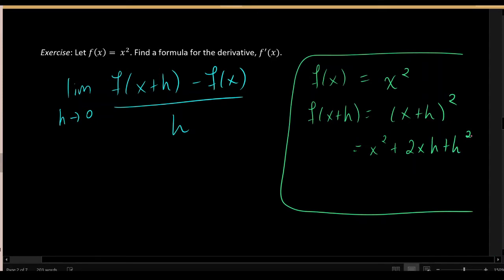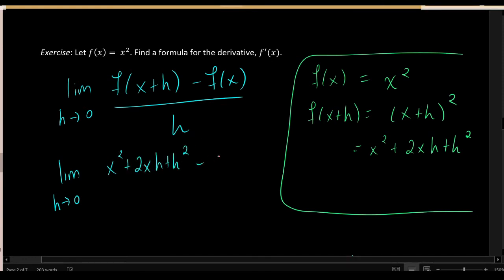Now let's take that data and put that back into the difference quotient formula. So f of x plus h we now know is x squared plus 2xh plus h squared. Take away x squared.